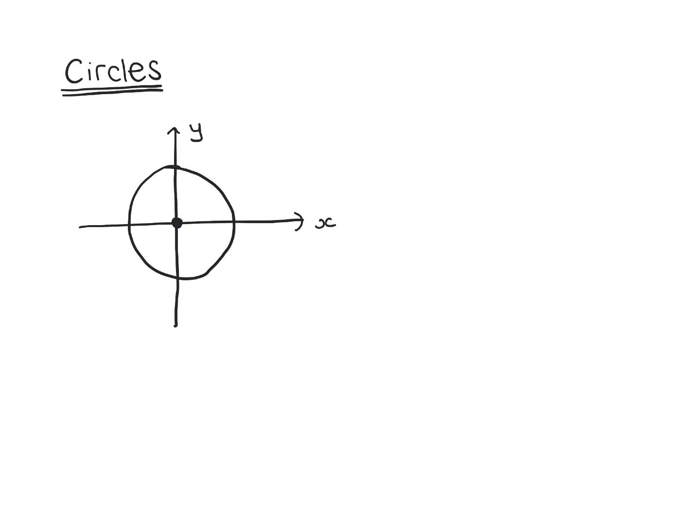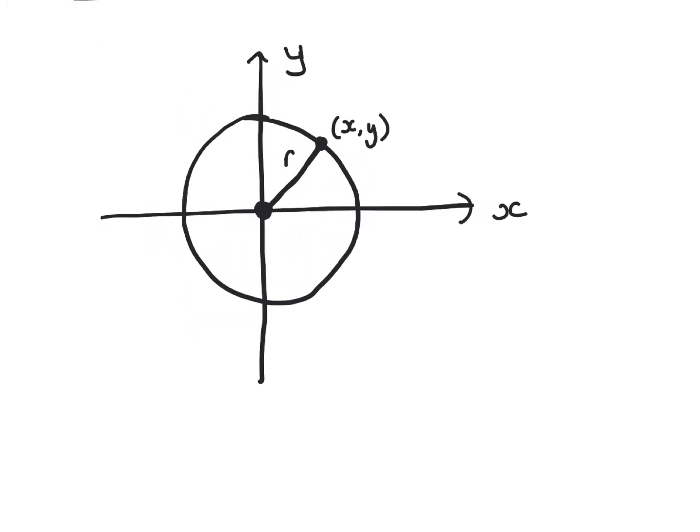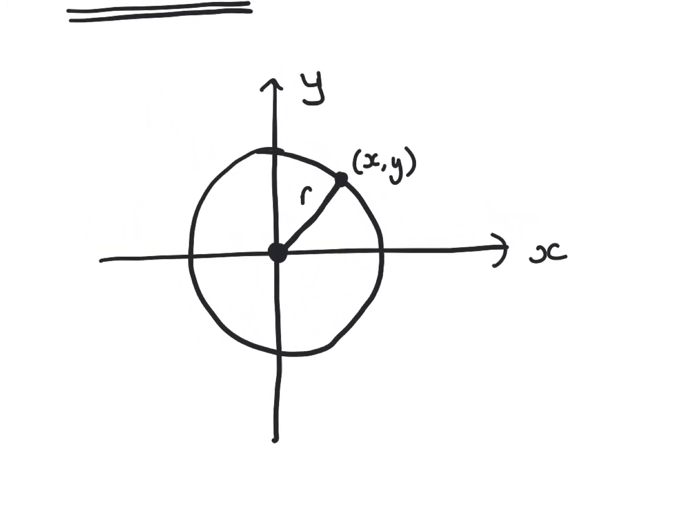And really, all you have to do to prove this is pick a point here. I'm going to say that point is the point x, y. The x coordinate's x, the y coordinate's y. And this has a radius of r. If we look at that as a little right-angled triangle, this height will simply be y, because it's just how high it is, and this one would simply be x.